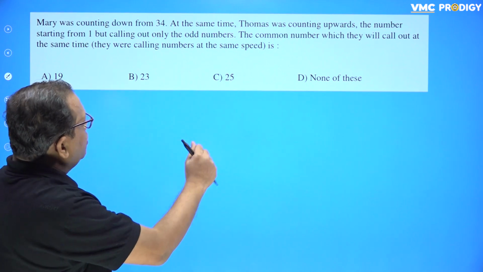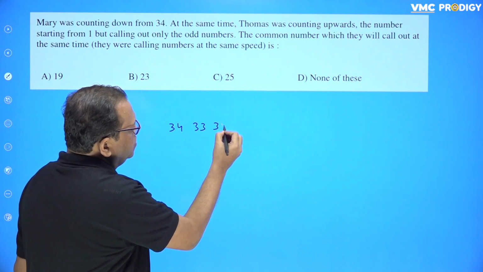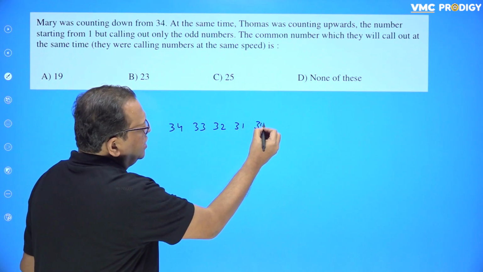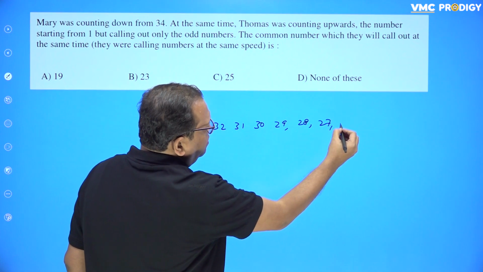So if I count down from 34, the numbers are 34, 33, 32, 31, 30, 29, 28, 27, 26, and so on.